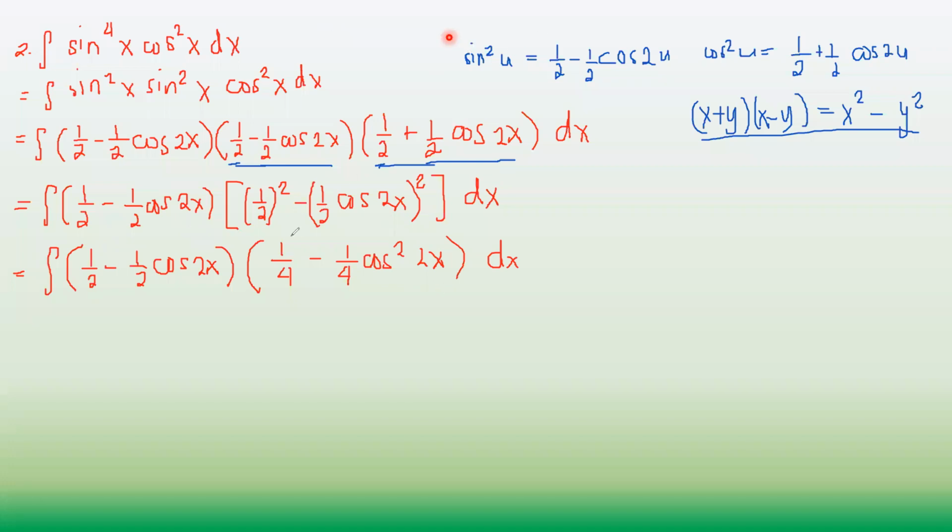Kayo bahala dito. Kasi pag nag-multiply ka agad dito, cosine squared saka si cosine, magkakaroon ka ng cosine cube, wherein yung cosine cube mo naman, babalik ka naman doon sa case number 2, yung may add power. So kayo ang bahala.